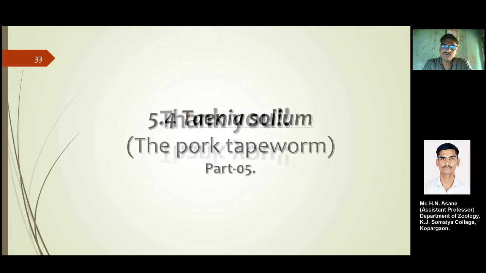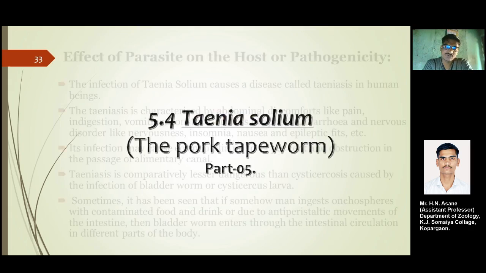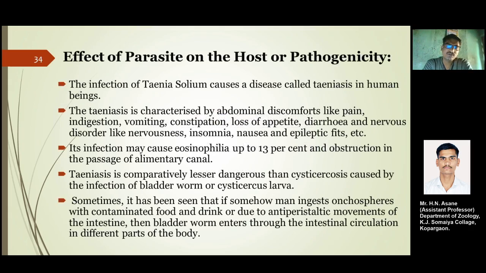Okay, so in this session, the fifth session on Taenia solium, we will look at the effect of the parasite on the host, also known as the pathogenicity of that particular parasite. The infection of Taenia solium causes a disease called teniasis in human beings.